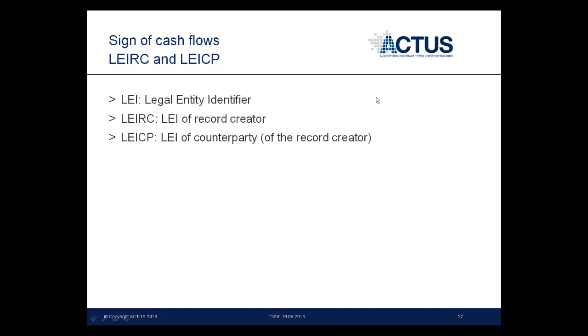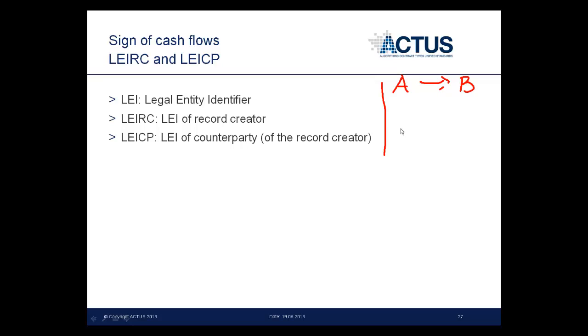Assume the following deal. A grants a loan to B. In other words, A holds an asset against B and B holds a liability against A. Now A submits the record to the regulator.